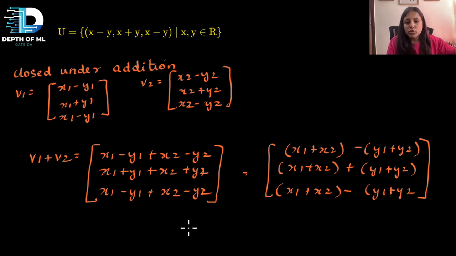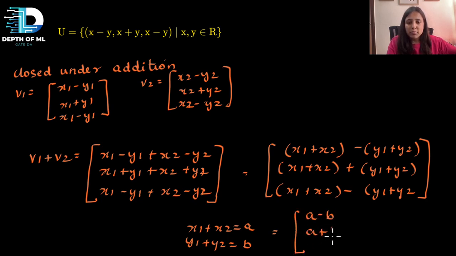Okay, let's assume x1 plus x2 is equal to a and y1 plus y2 is equal to b. So the form of the vector that I'm getting here is a minus b, a plus b, and a minus b. So this is the same form as of these vectors, right? Therefore, this belongs to U. Therefore, this is closed under addition.